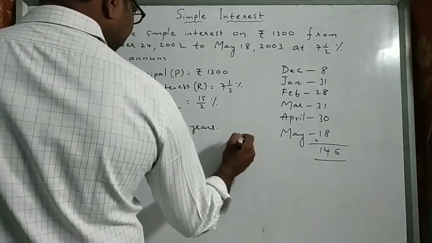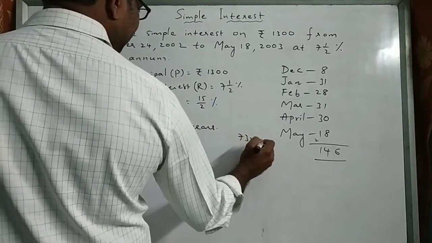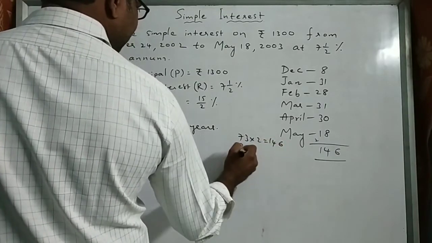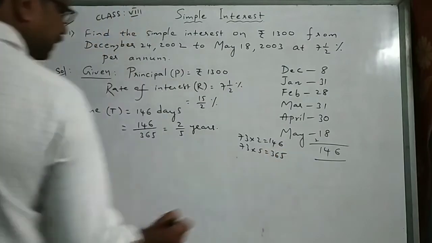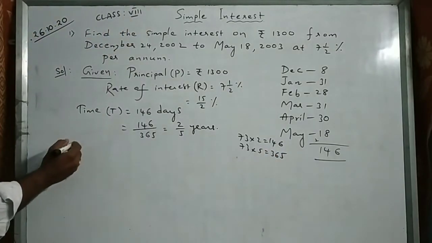Yeah, 73 table, right? 73 twos and 73 fives. Correct. Right. 73 table. Prime number 73.